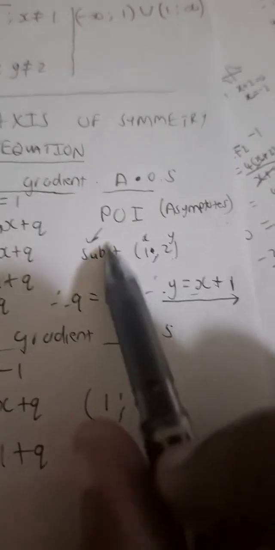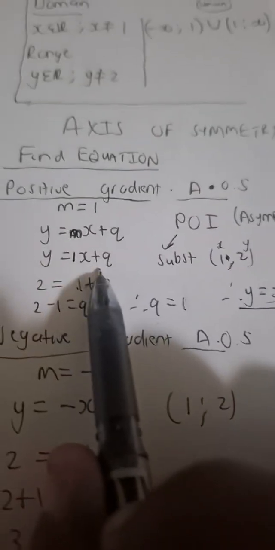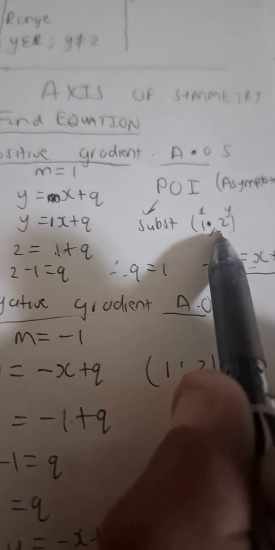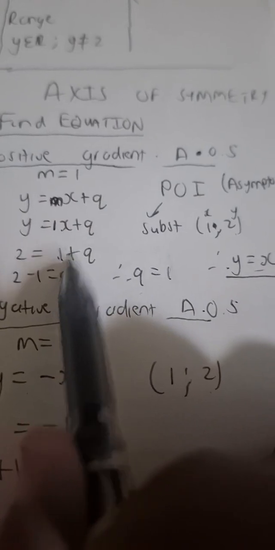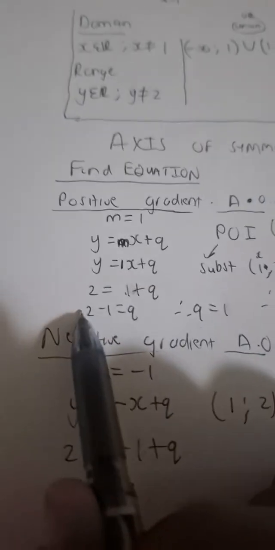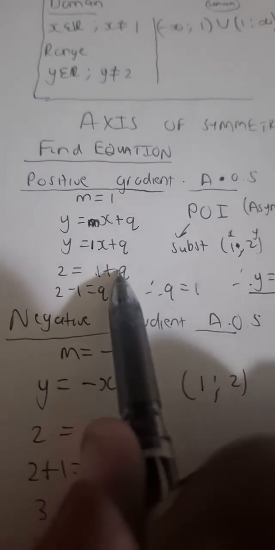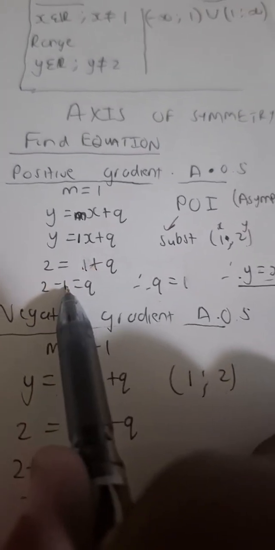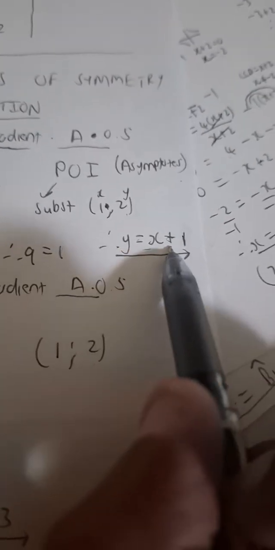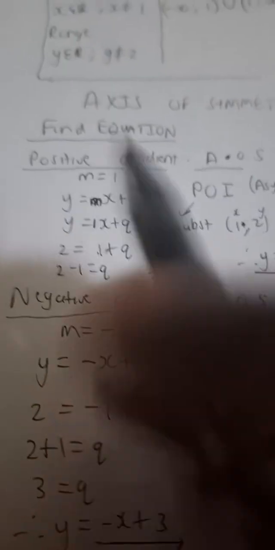Then we use the point of intersection of the asymptotes to find the value of q by substituting these points. X is 1, in the place of x we write 1. Y is 2, in the place of y we write 2. Then we solve for q, which gives us 1. Therefore, our equation is y is equal to x plus 1. That is the positive gradient axis of symmetry.